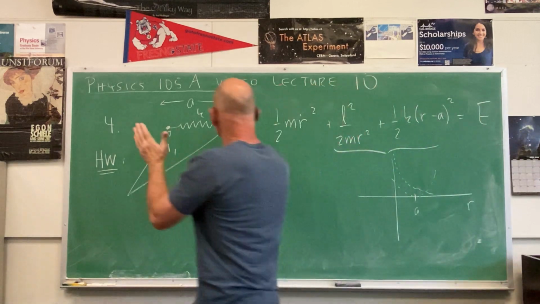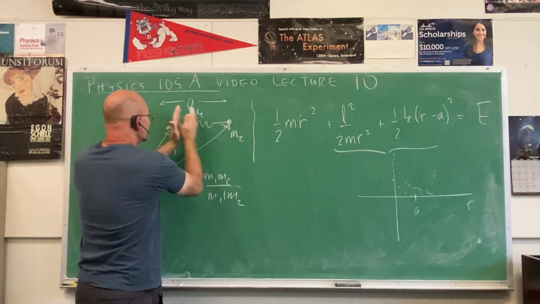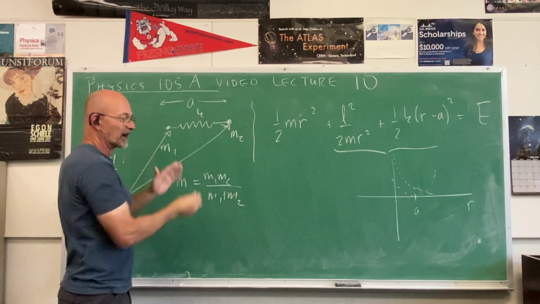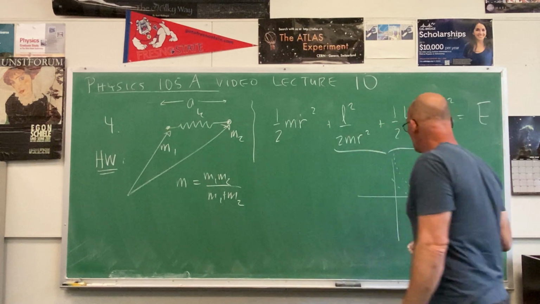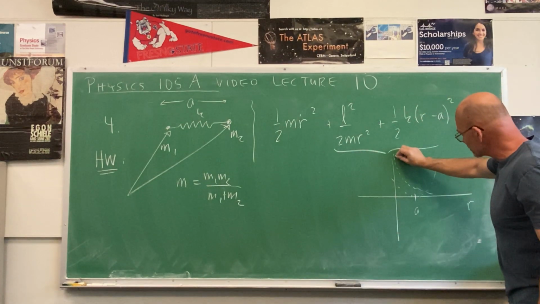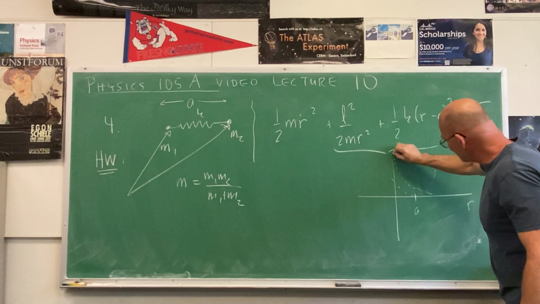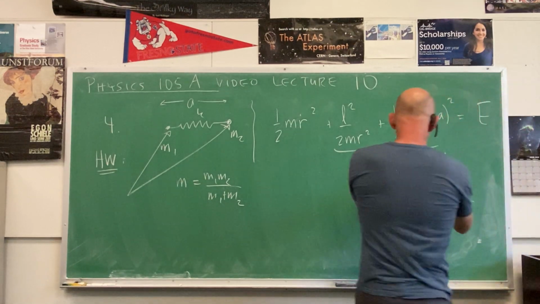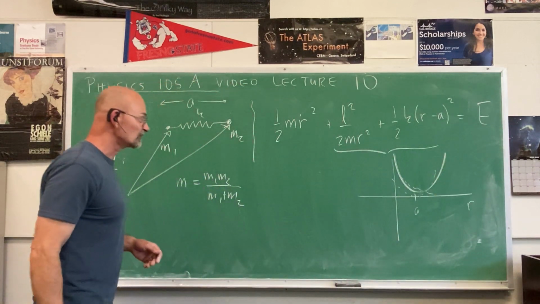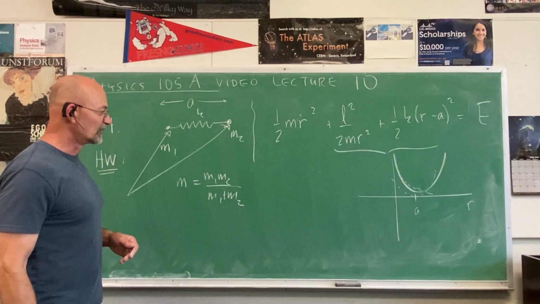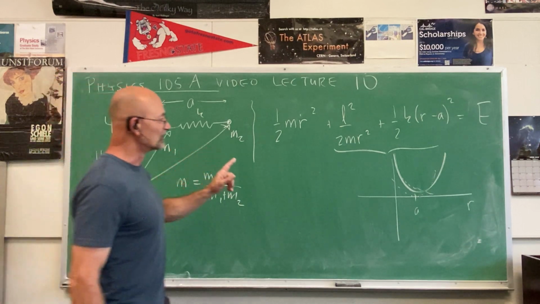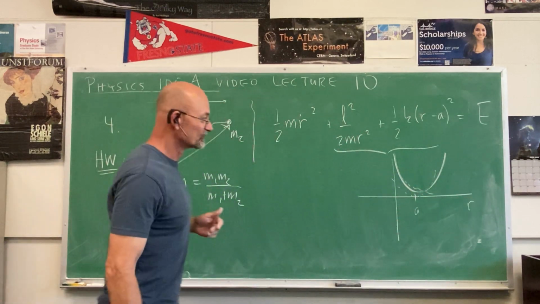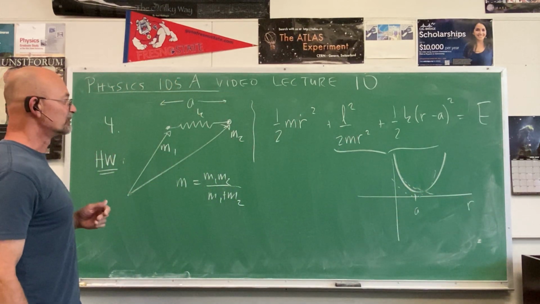This is a Hooke's law spring, fine, but if you press hard enough, before you get to r equals 0 it gets really hard to press. So the true effective potential of this system is going to be limited to here, and it'll go up somehow like that. It won't be perfectly symmetric around a. Be that as it may, you guys are going to want to draw this with that caveat. So there's your effective potential.